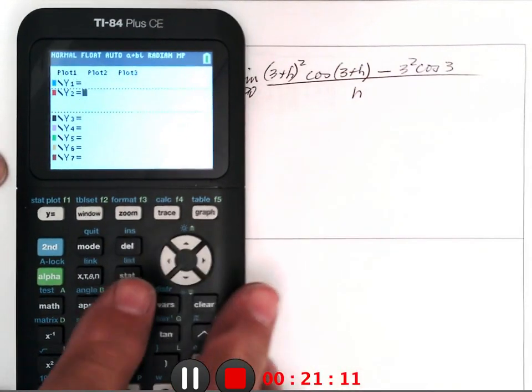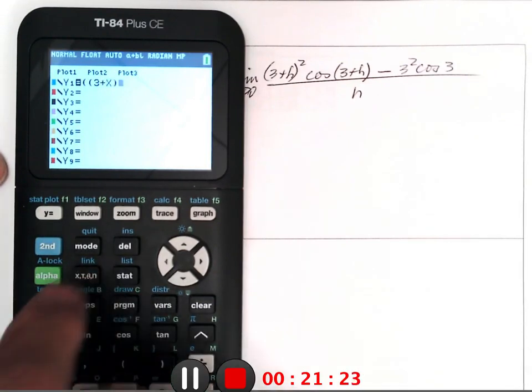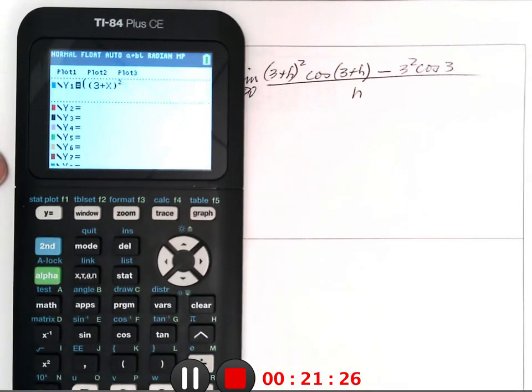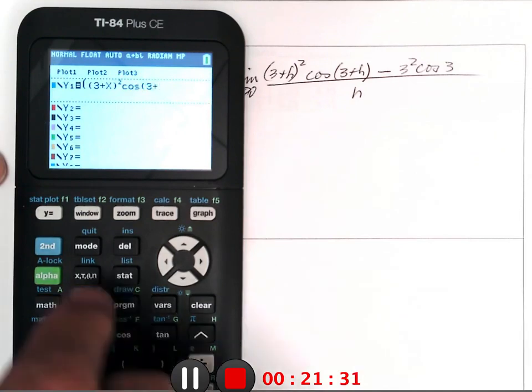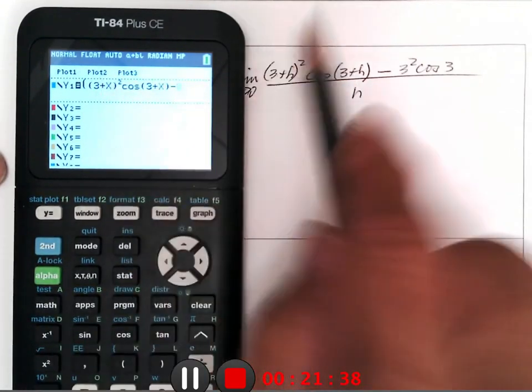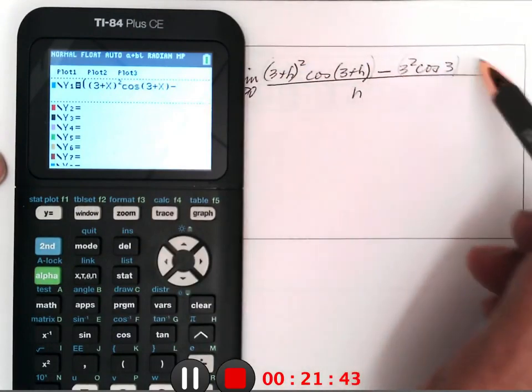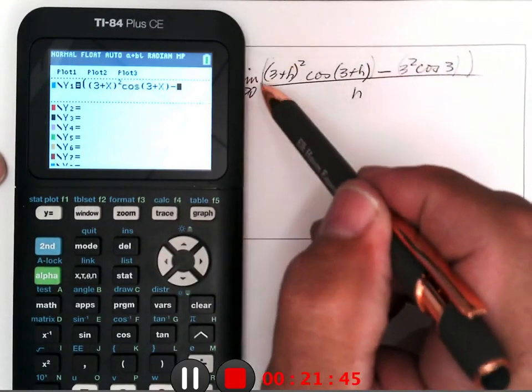Going back here, and we're going to type in open parenthesis for the numerator, open parenthesis for the 3 plus h, which we need to make an x, close parenthesis, squared cosine 3 plus x. They've already put a parenthesis, so I just got to close that, minus the second part. Now, if you're putting parentheses on this, you can do that, and you can do it here, but you need one for the whole numerator, so an extra one there then.